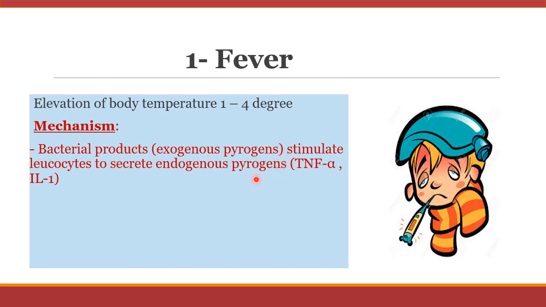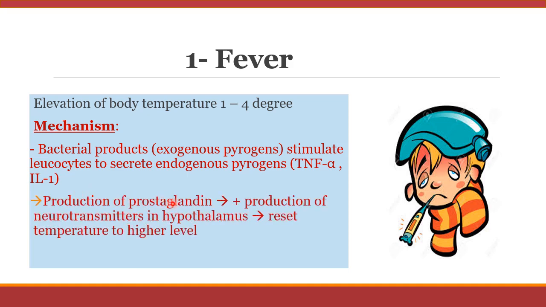These endogenous pyrogens include tumor necrosis factor alpha and interleukin-1, which are some of the chemical mediators that we already mentioned before. These pyrogens are going to stimulate the production of prostaglandins. These prostaglandins are key players here in the process. They will travel and stimulate the production of neurotransmitters in the hypothalamus and the undersurface of the brain.